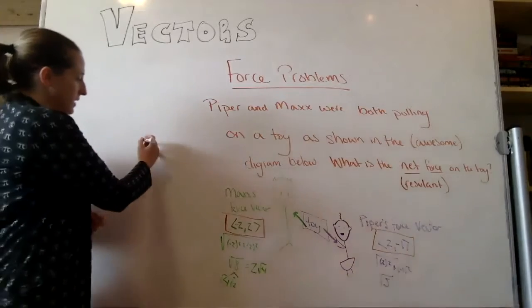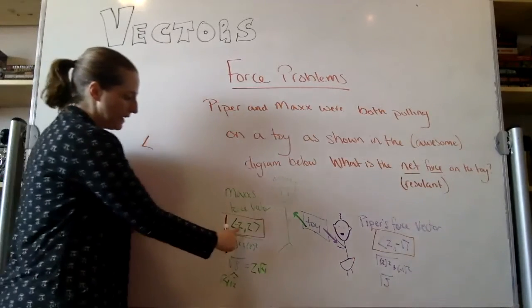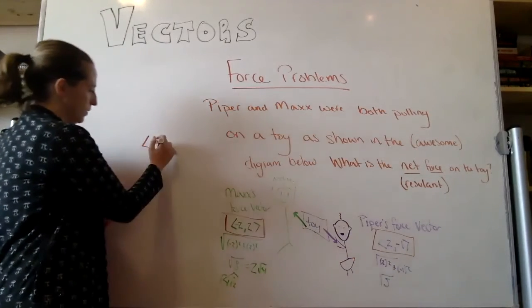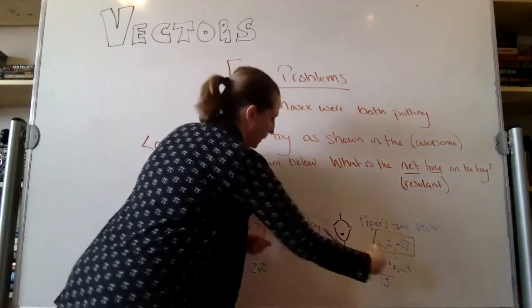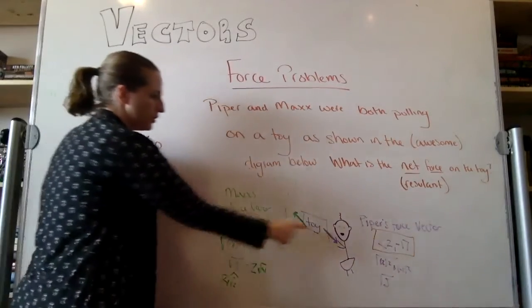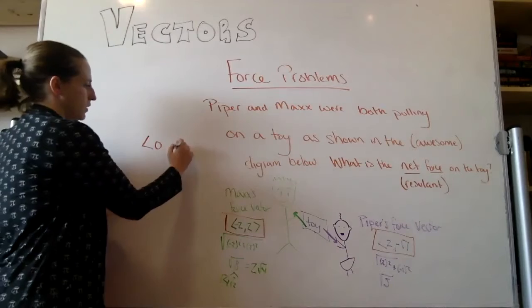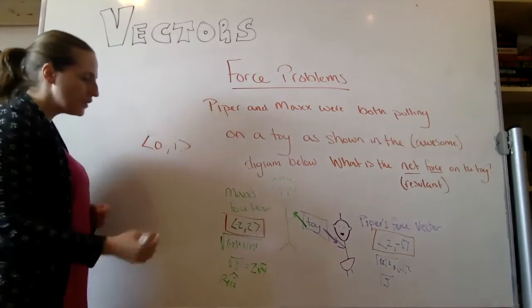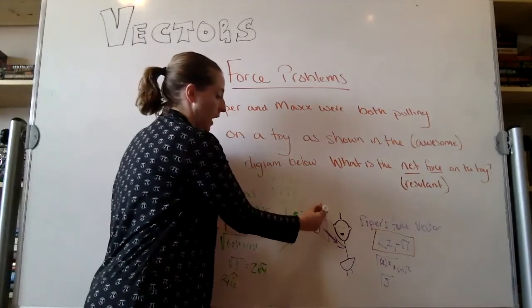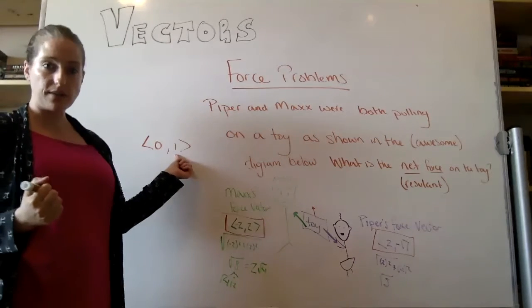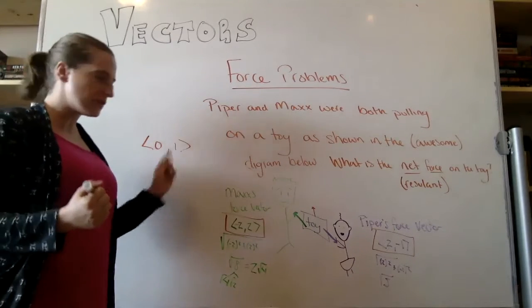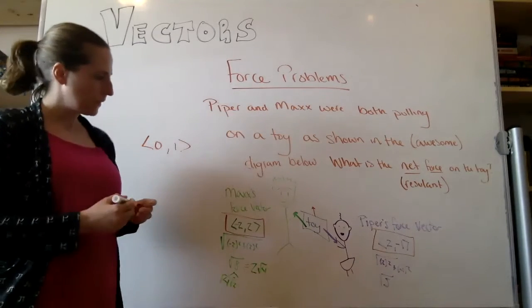So to get the resultant force, I would add -2 plus 2, which is 0. That says the toy is not going to be moving left or right. And then 2 plus -1, which is 1. So that says that the toy is going to be moving upward, because our resultant force only has a vertical component. It's not going to be moving left and right, only upward.